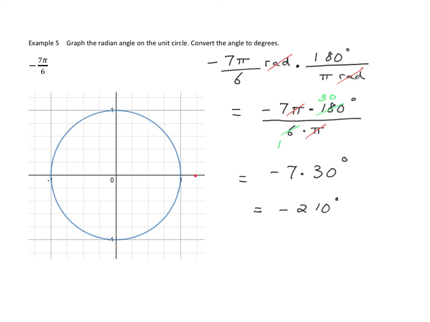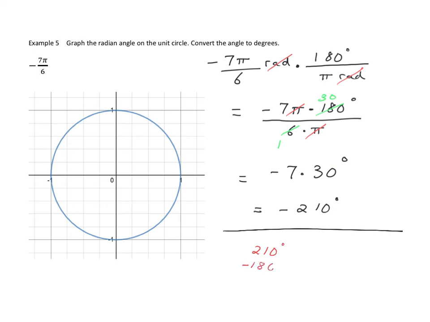So that means I am going backwards because it's negative. And I know this is negative 180, so going backwards would be negative 180. So it's going to be a little bit past this. I'm not 100% certain how much past that. So what I'm going to do is take this negative 210, and I'm going to focus on just the positive of it, 210.